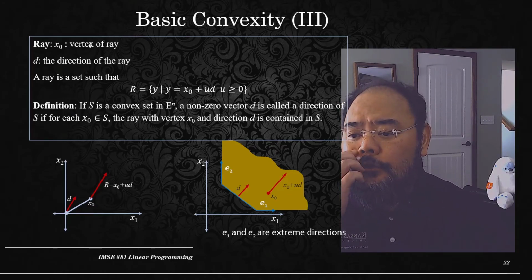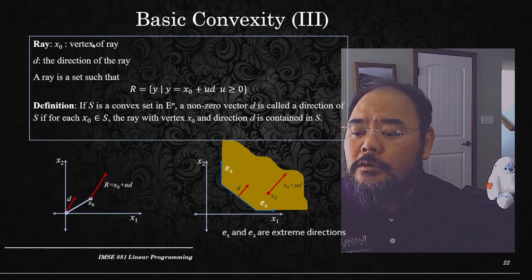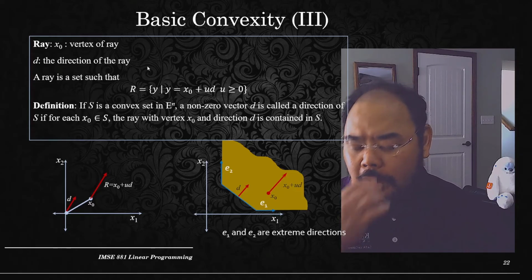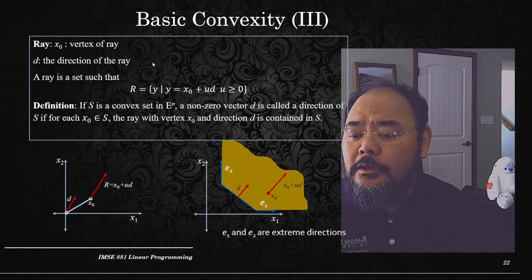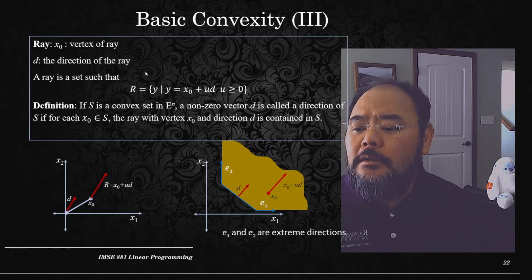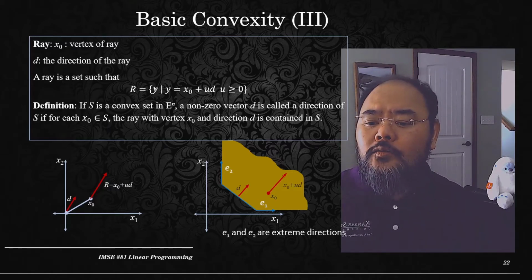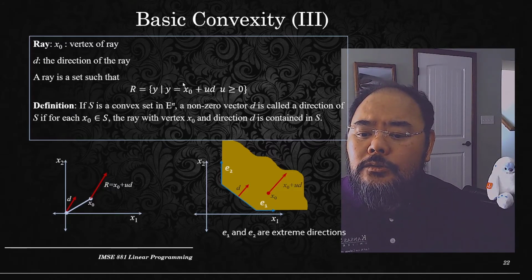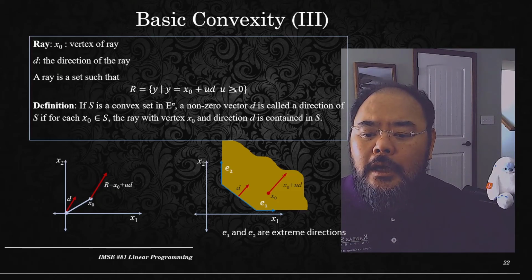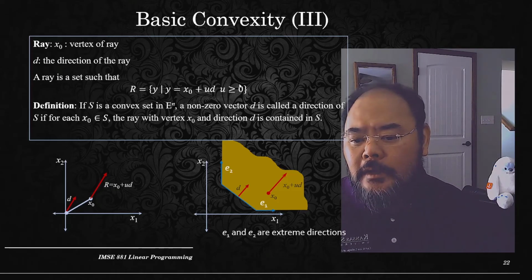So starting with an endpoint with a direction, that's a ray. And the direction itself may not have a starting point or vertex. So the ray can be defined as y equals x naught plus mu times d. D is the direction, and mu can be any non-negative number.